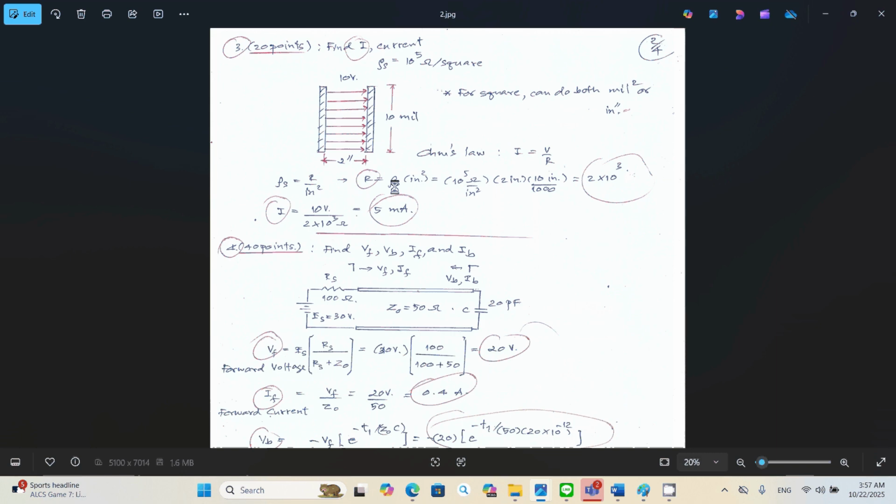that's equal to the surface resistivity multiplied by the area. This one is in the unit of inch square.